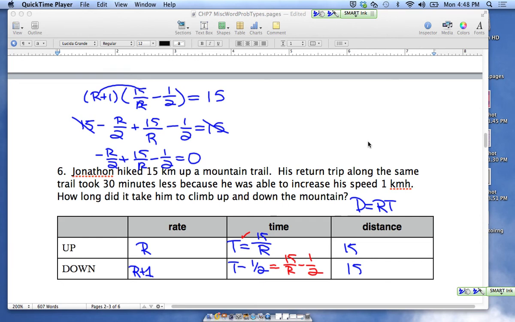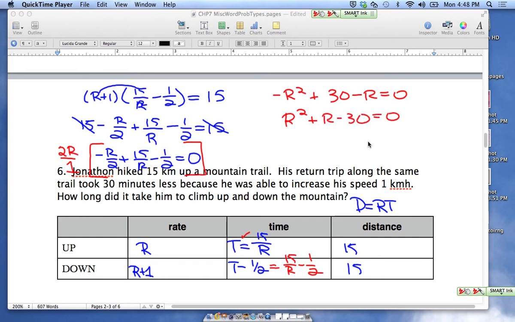Now I'm going to use the LCD method to eliminate the denominator. And the least common denominator here would be 2R. So when I multiply each expression by 2R over 1, this is what remains. And then rearranging this into something factorable, and then factoring it.